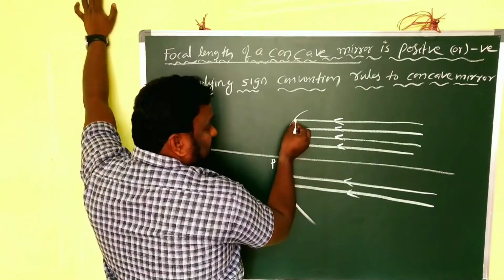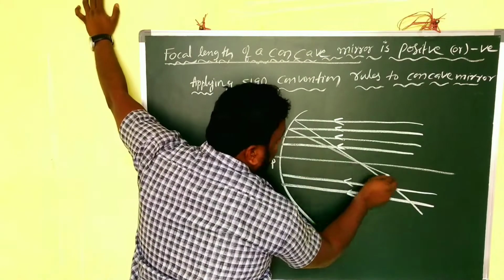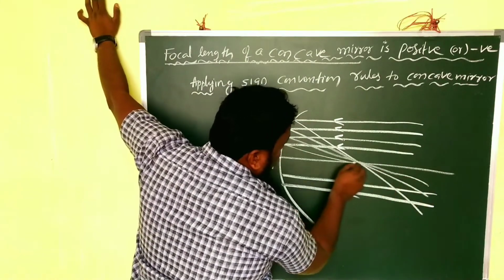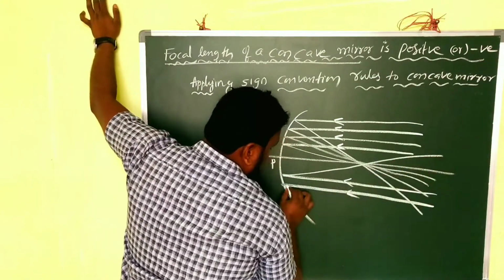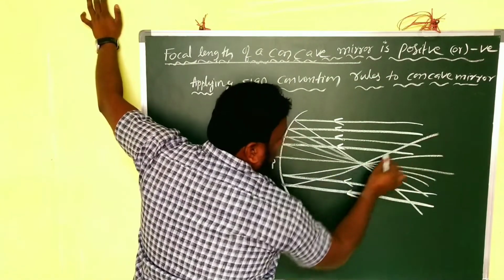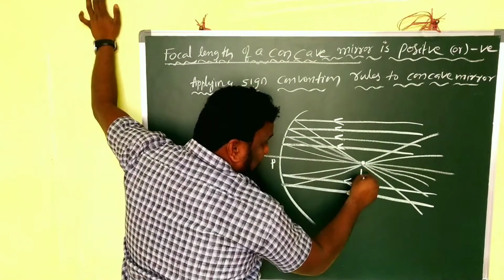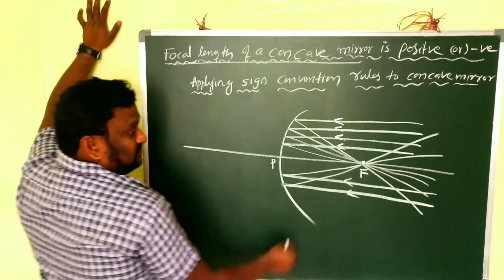After that, the reflected rays meet at one point on the principal axis. That point is called the focus.